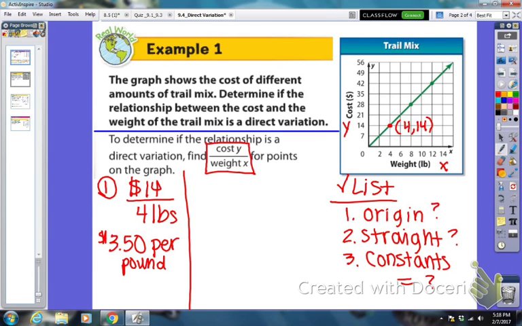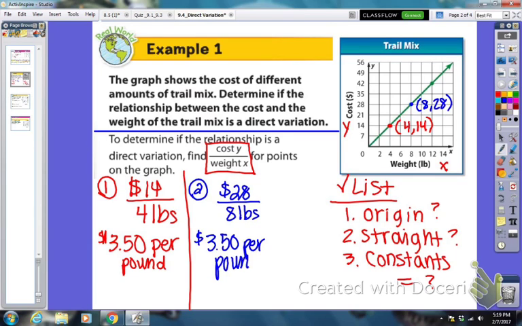The second point is located right here, and that is 8, 28. So for $28, it was an 8-pound bag. So if you divide those out, you again get $3.50 per pound. So far these are equal. So we have one more to test.